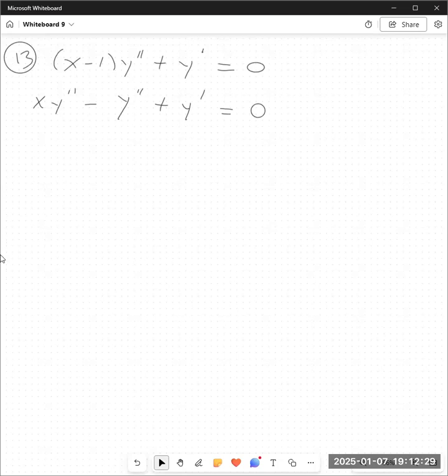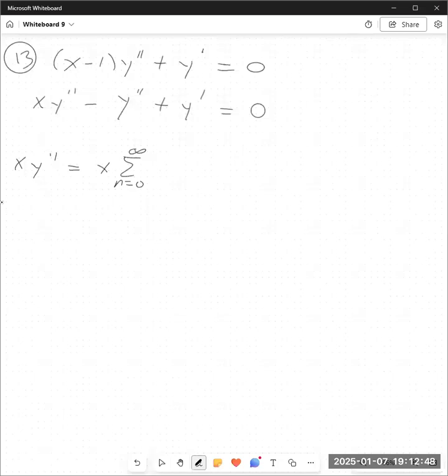And so x y double prime is equal to x times the sum from n equals 0 to infinity of n times n minus 1 cn x to the n minus 2.